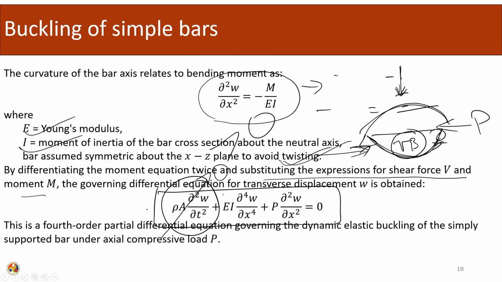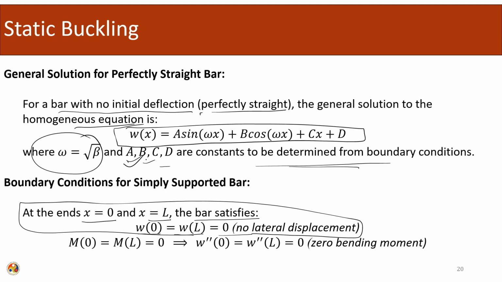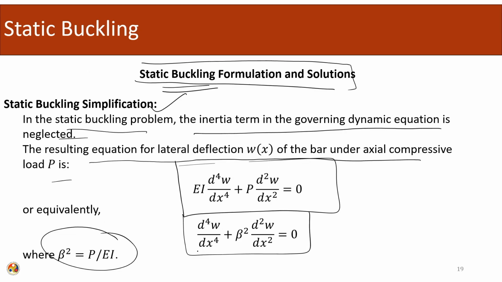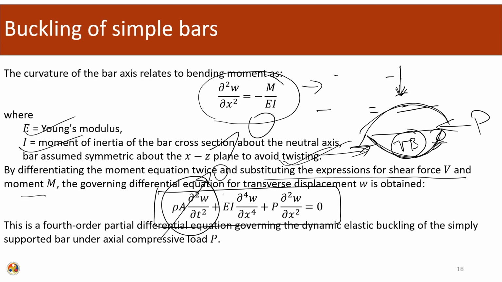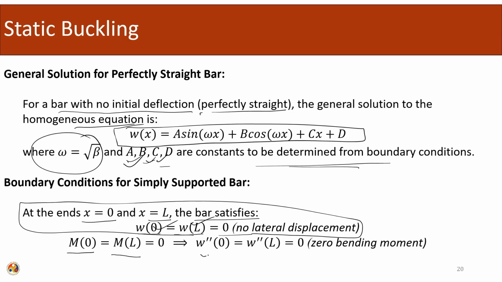Here we have 4 unknowns, so we will need 4 boundary conditions. Two we are taking as no lateral displacements at the two ends. The other two conditions are bending moment is 0 at x equals 0 and bending moment is 0 at x equals L. If we put this back into our Euler-Bernoulli beam equations, it means that the second derivative is 0 at both ends.